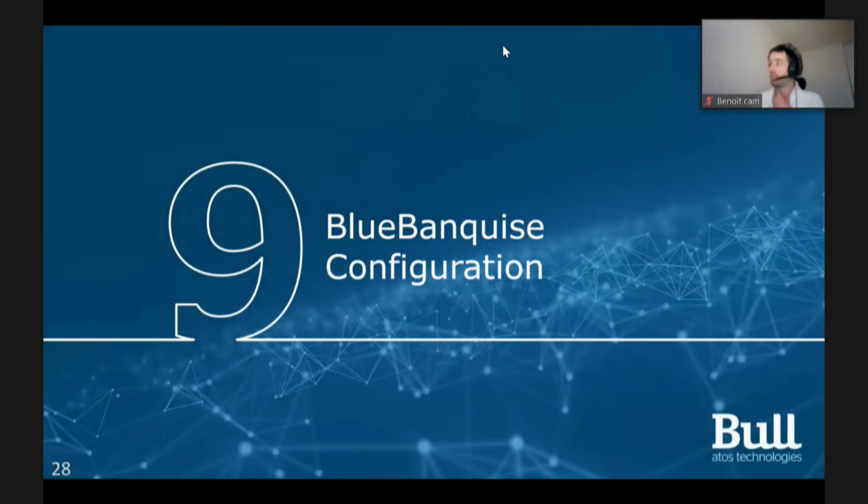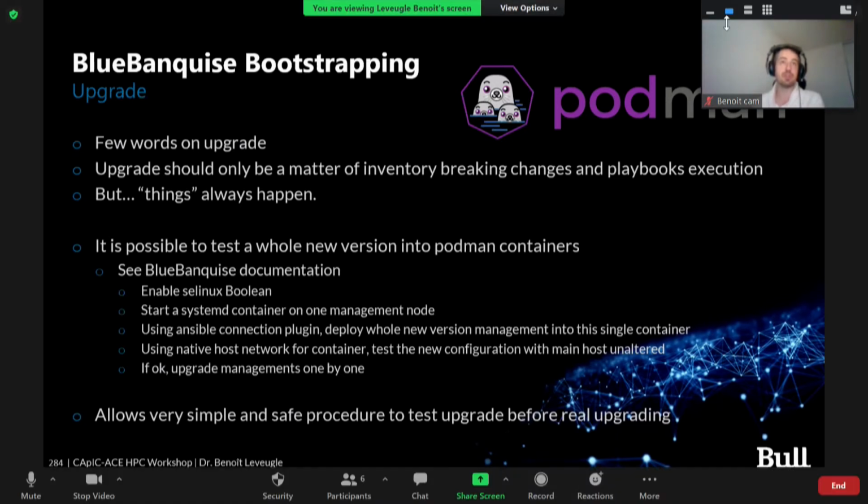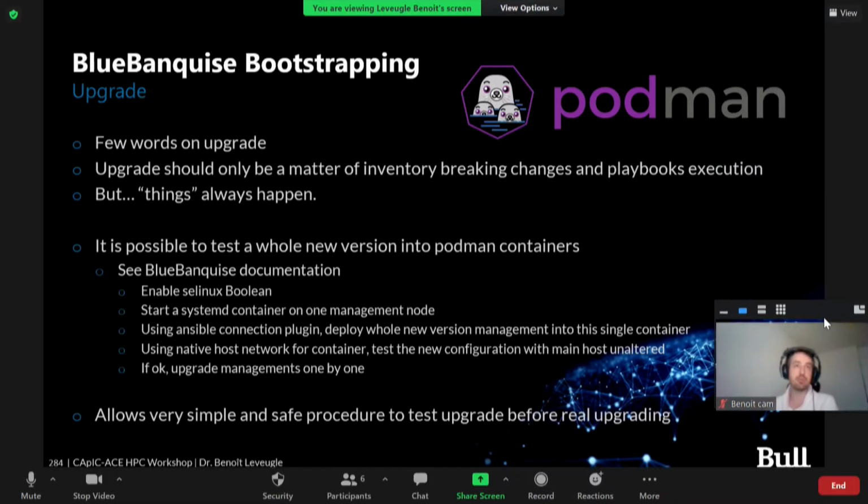So just a few words before we proceed about Podman. The stack is able to run in containers. Even the stack itself, the management node, you can put it inside a container. So you can test it inside a Podman container.